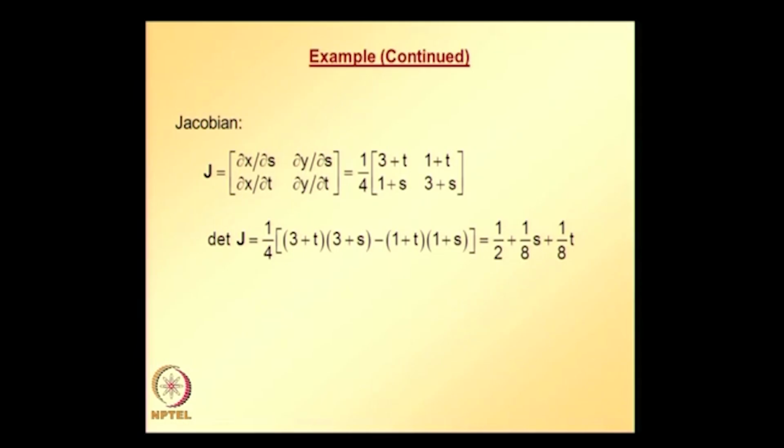over the domain of the parent element, which goes from S minus 1 to 1, T going from minus 1 to 1. So, over this domain determinant of J should not be 0, or clearly we can verify that determinant of J expression that we obtained, we can easily check that it is indeed greater than 0 for the domain of the parent element, S going from minus 1 to 1, T going from minus 1 to 1.